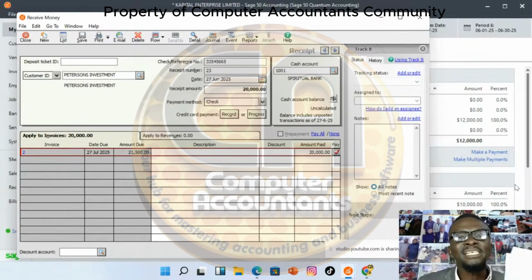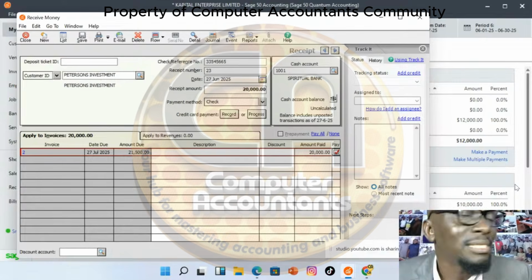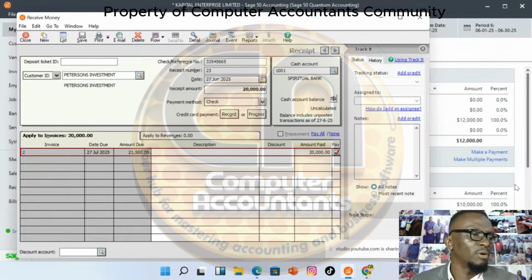Please, the first thing you have to understand is the condition of this teller as a source document. If the teller is a reflection of full payment, then you go to tax and select receive money. That's how straightforward it is.